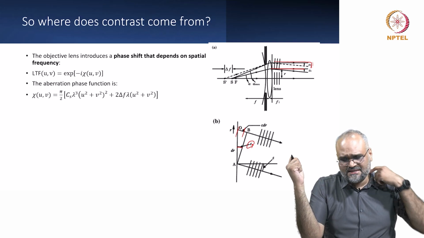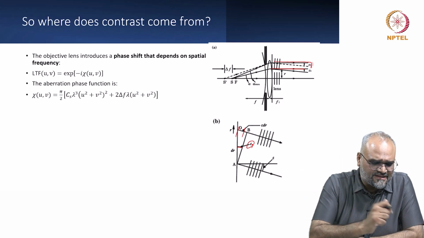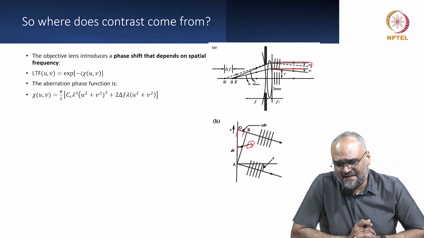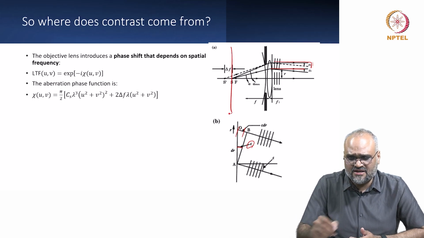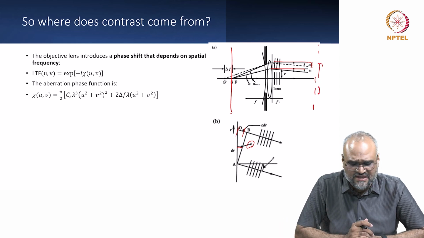In terms of the spatial frequencies here, if you remember, I mentioned that when I have an objective lens and I place an object at the object plane, what I collect at the back focal plane is all in terms of the spatial frequencies.